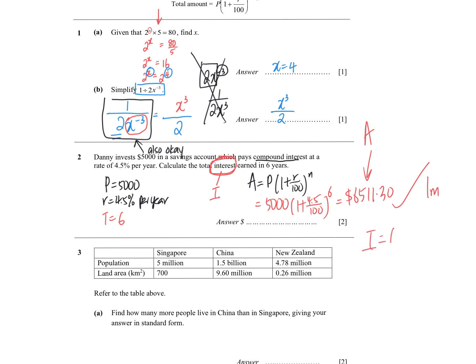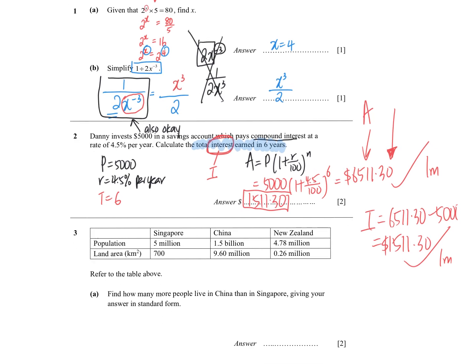So you need to go and minus the 5,000 for me. So that is the part where you all lose marks. So be careful. Don't lose marks unnecessarily. So 1,511.30 cents. Money is 2 DP. So make sure you leave your answer to 2 DP. So this is what I need to see for the second mark. So a lot of you stop here. So be careful. Read the question especially carefully for this type.